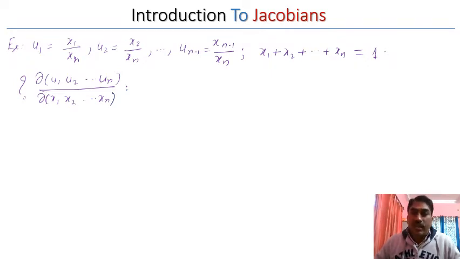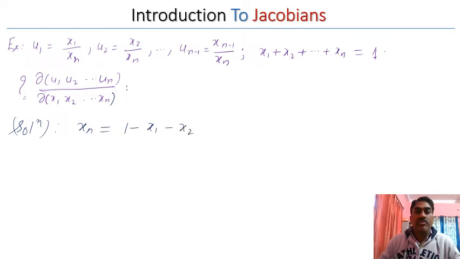So we will take xn as a function of x1, x2, ..., x(n minus 1). That means xn can be written as 1 minus x1 minus x2 minus x3 ... minus x(n minus 1). So now xn is a function of x1 to x(n minus 1), and we will differentiate xn with respect to all of these variables.